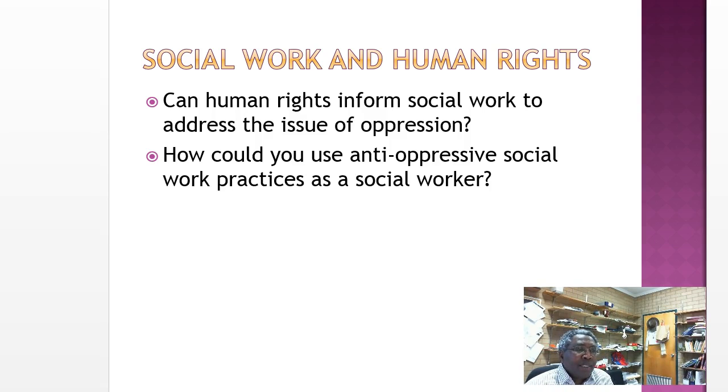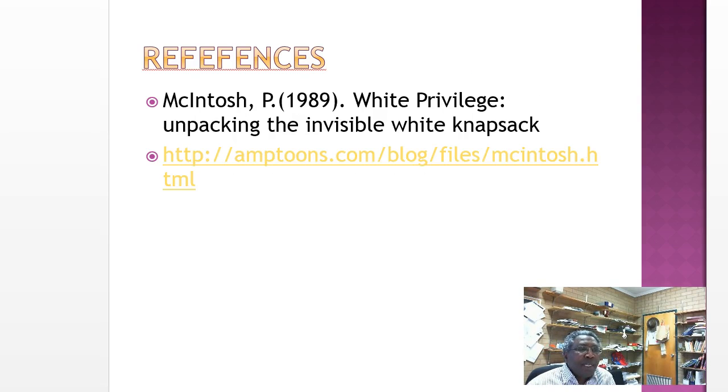So, can human rights inform social work to address the issue of oppression? How could you use anti-oppressive social work practice as a social worker? These are some thoughts that you need to have and see how you can apply them in practice. If you want to understand more, some of the references that you can look at is McIntosh that we mentioned before.